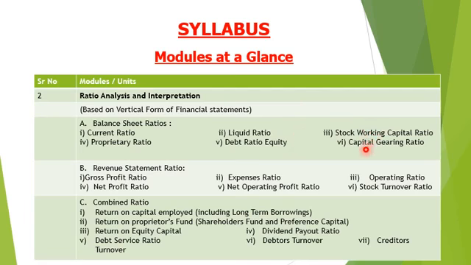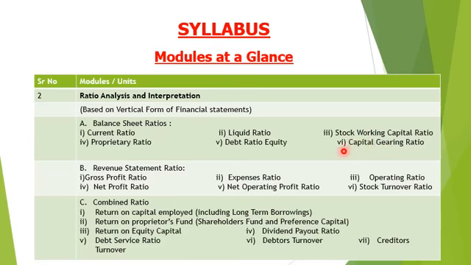And the next ratio is the capital gearing ratio. Capital gearing ratio means the capital which is entitled to a fixed rate of interest and dividend, and the capital which is not entitled to a fixed rate of interest and dividend. Who gets a fixed rate of interest and dividend? Preference capital holders, debenture holders, or the borrowed fund.